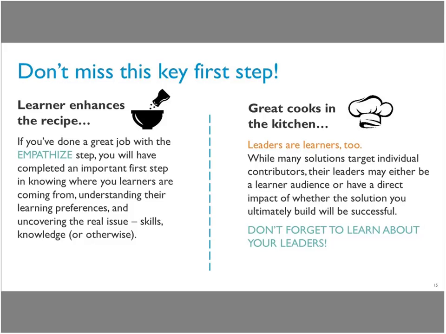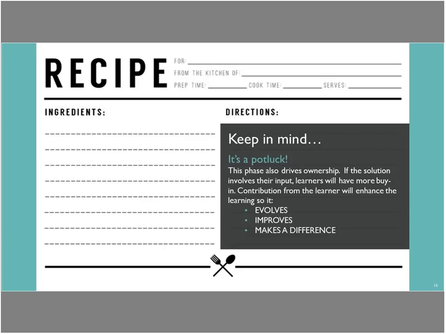So also consider interviewing and really understanding where the leaders are coming from and how they work with their learner population. And so that's a key piece as you think about who are all the different people that are impacted by a potential solution.